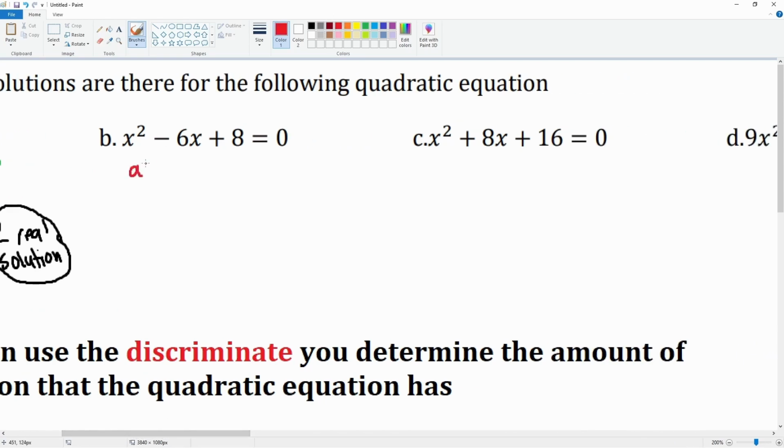Let's label it. a equals 1, b is -6, and c here is 8. We plug it into the discriminant. So b squared, so -6 squared, minus 4 times a, which is 1, times c, which is 8. Right?